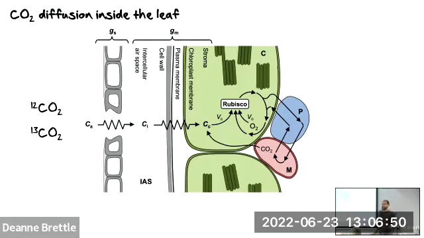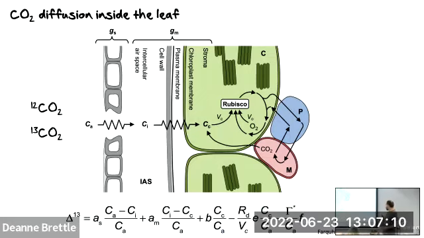And that means the plant preferentially takes up the light CO2, the 12CO2. And as a consequence, the heavy CO2 is left behind. And we can measure that. So this is the apparent discrimination of the plant against the heavy CO2.